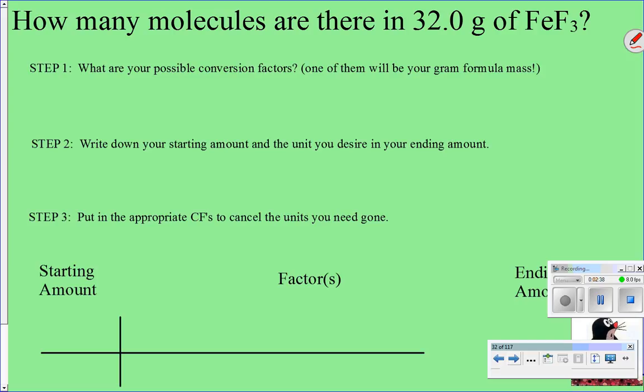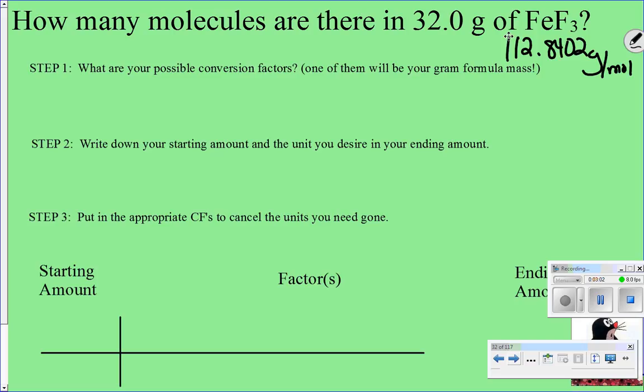So we can do more complicated problems pretty easily using dimensional analysis again. If we want to calculate how many molecules there are in 32 grams of iron fluoride, I've already gone and calculated my gram formula mass for iron fluoride, which is 112.8402 grams per mole.